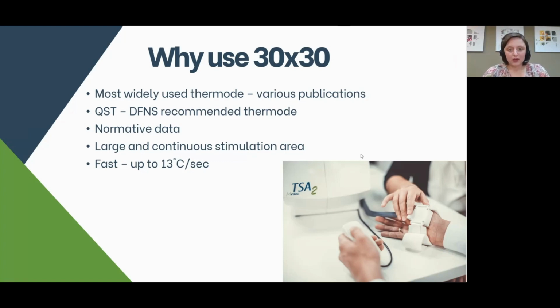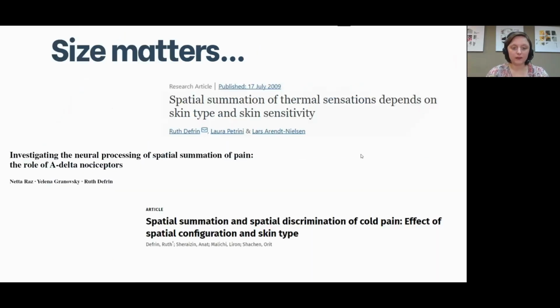And this 30 by 30 thermode is the fastest one, so it can go as fast as 13 degrees per second. So if you want to perform, for example, a long stimulation, you might want to go for the 30 by 30 of TSA2 because it will shorten your overall paradigm time.